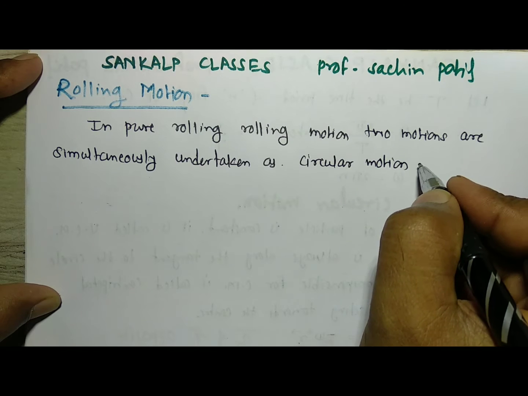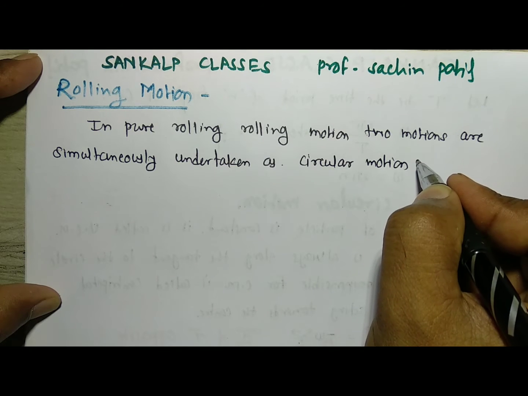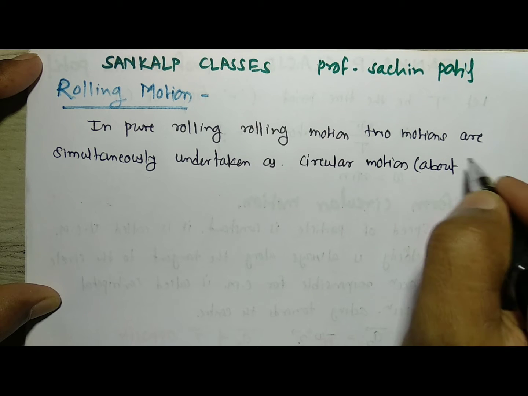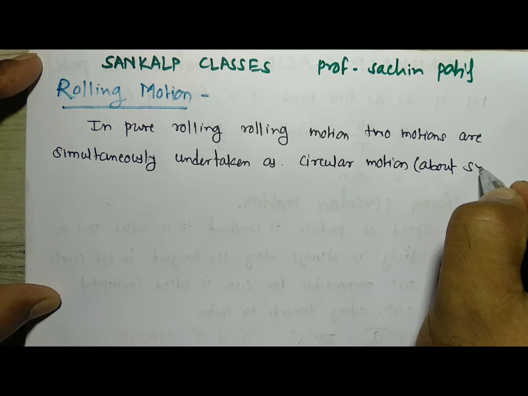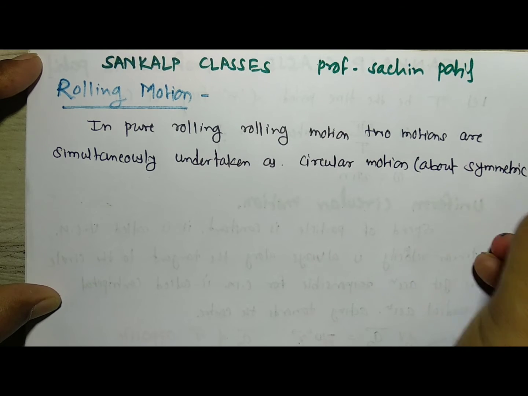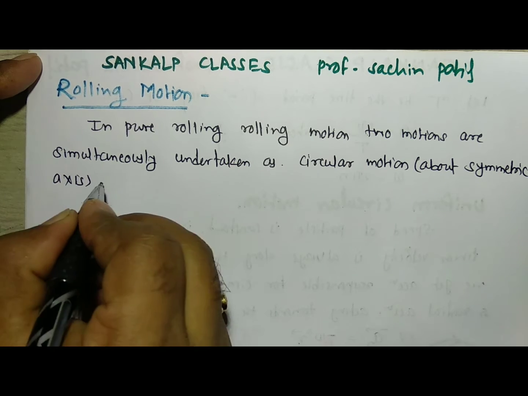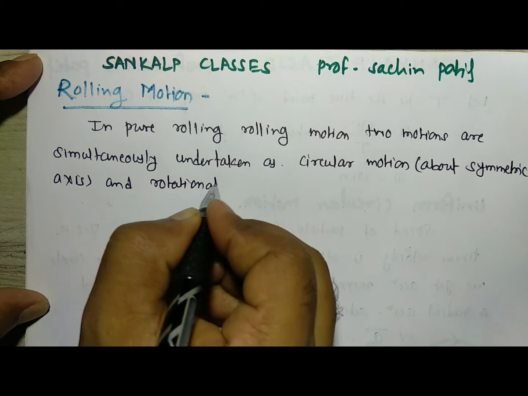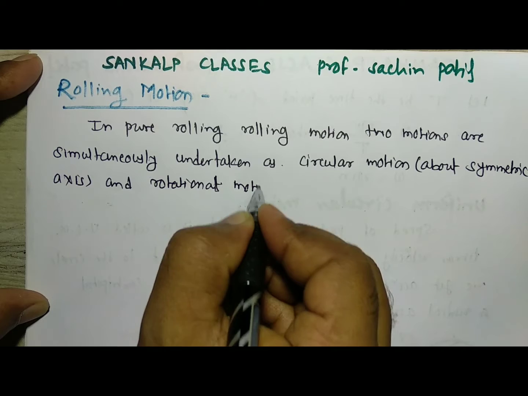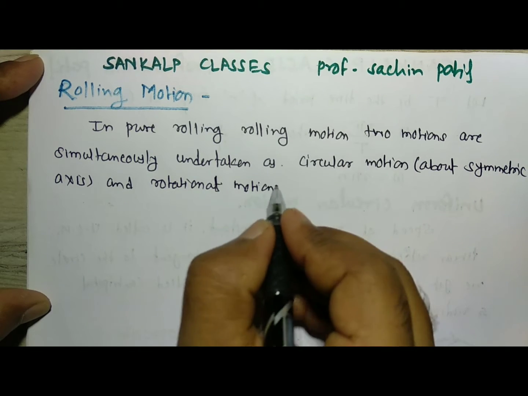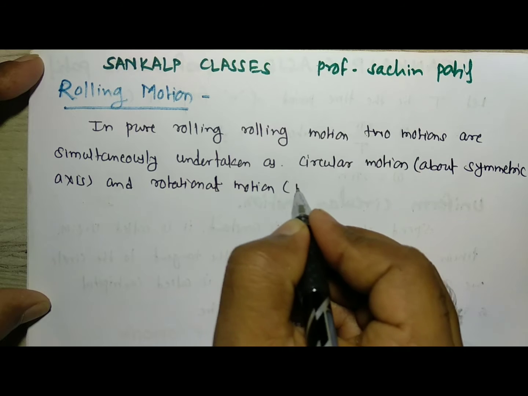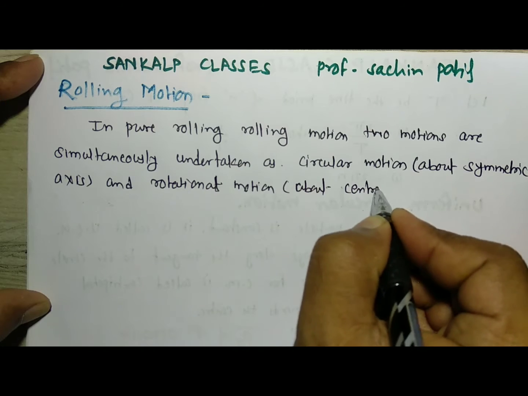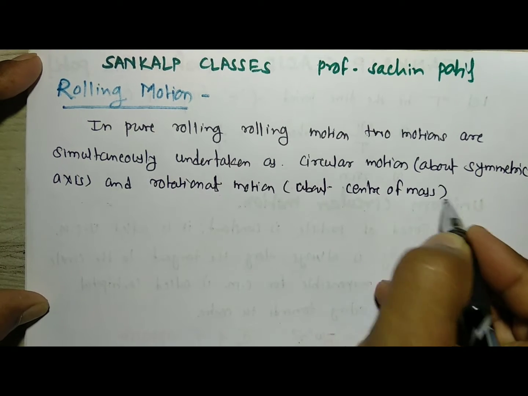Circular motion is about the symmetric axis, and the rolling, rotational motion is about the center of mass.